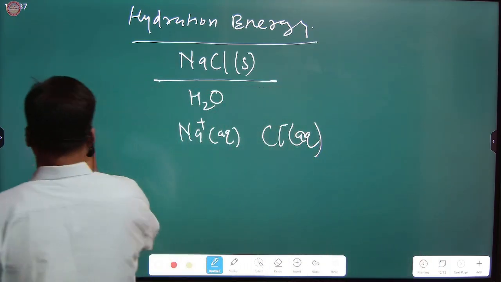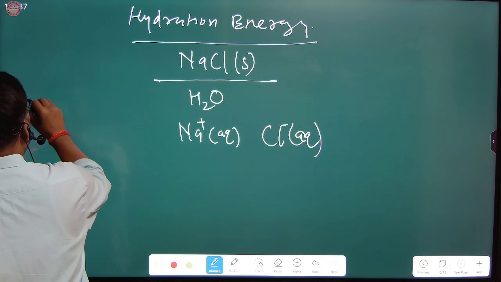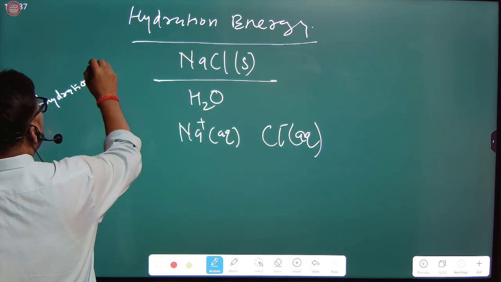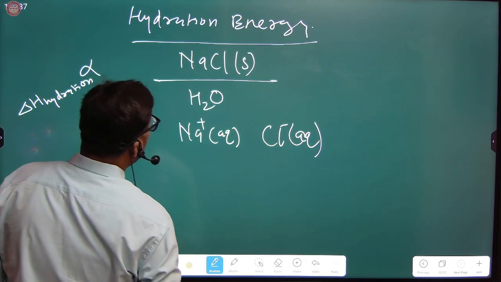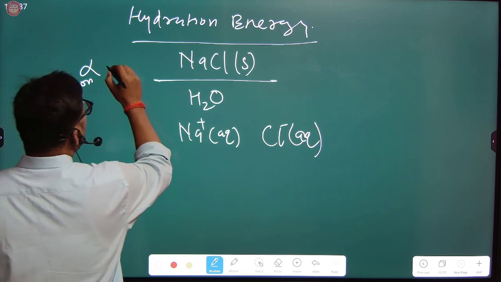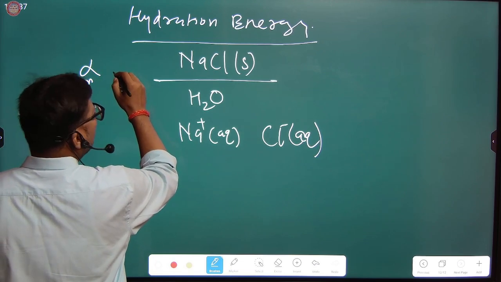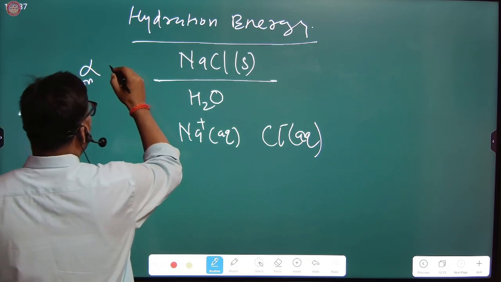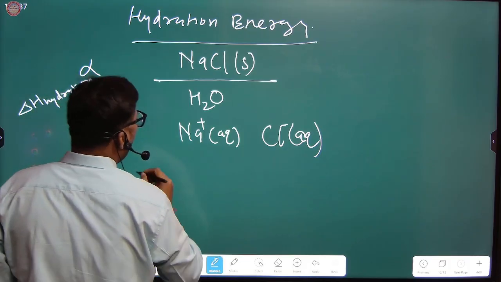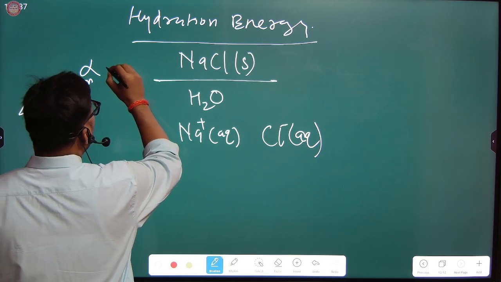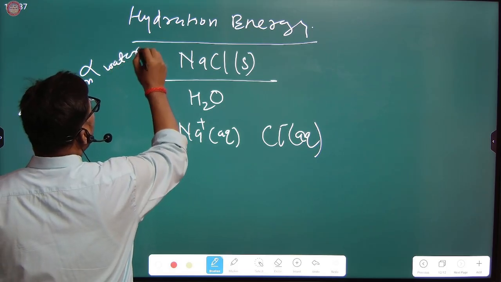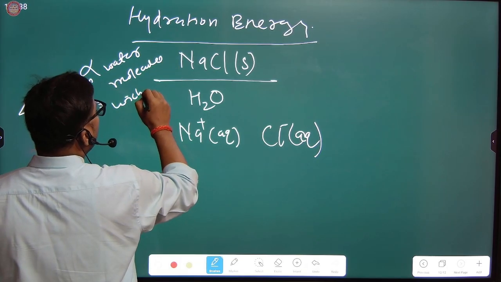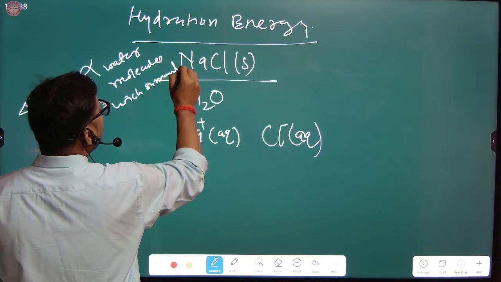So hydration energy, delta H hydration, is directly proportional to the number of water molecules associated with the ion, the water molecules which surround the ion.